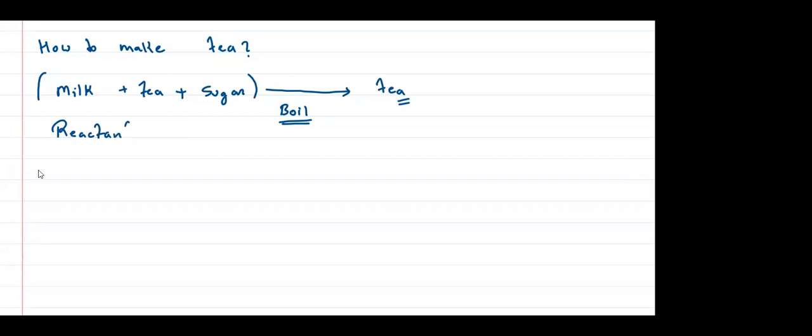And what is tea? Tea क्या है? Tea is your product. We are getting the output as tea. And what is this boil? Boil is the condition, है ना? Condition. Agree? Anyone have any doubt in this?